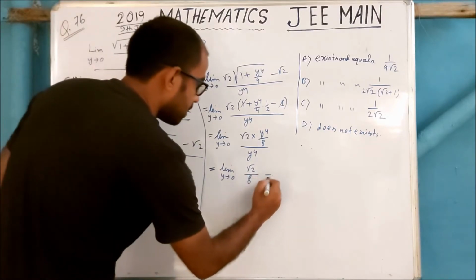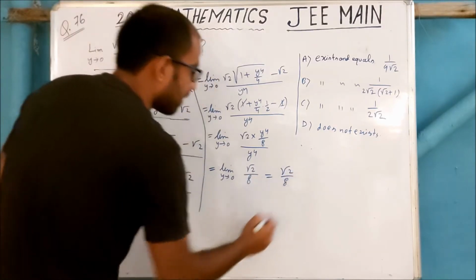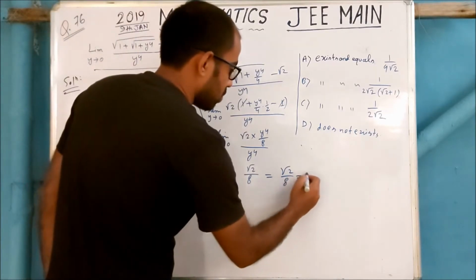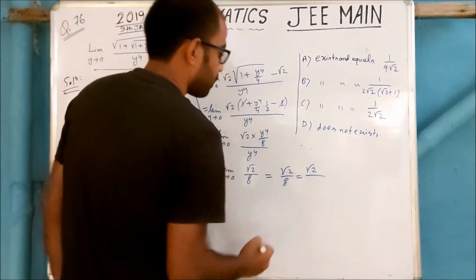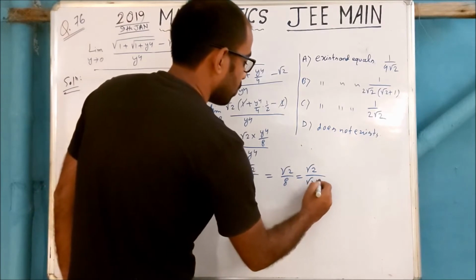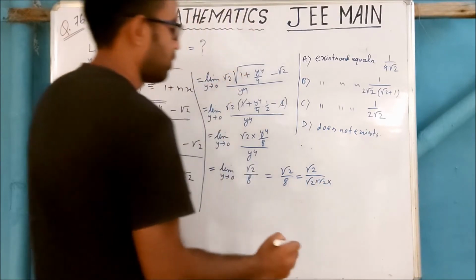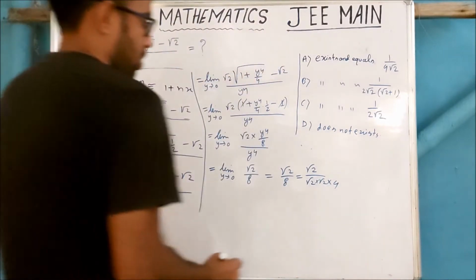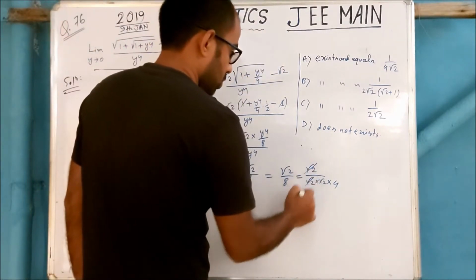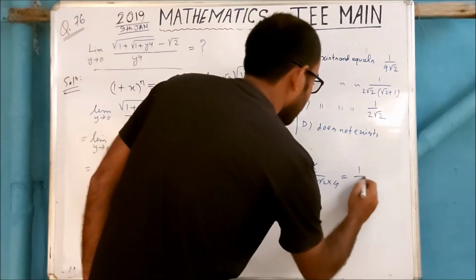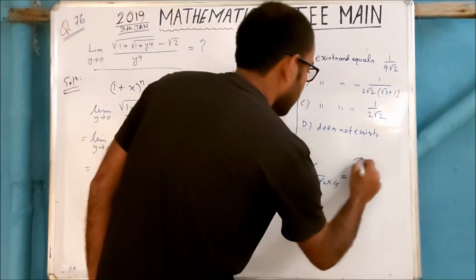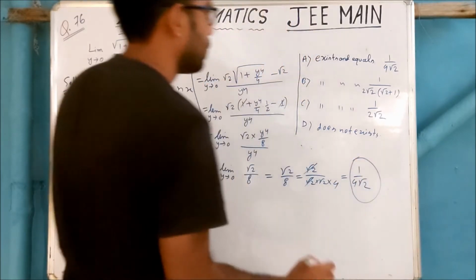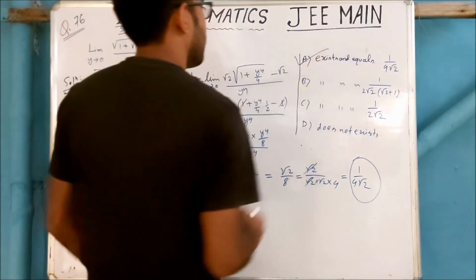This can also be written in the form root 2 into 4, so this root 2 and this root 2 cancel out, we get 1 by 4 root 2. So A is the right answer.